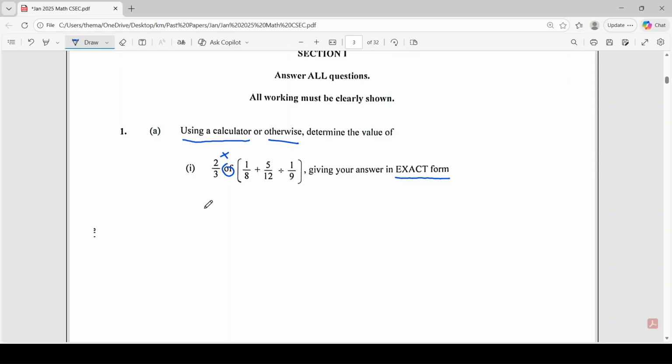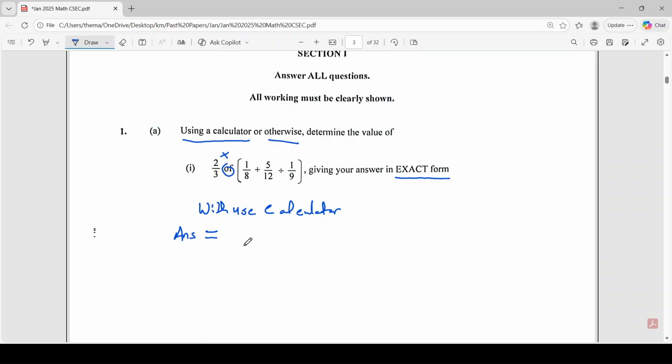Right? If you're showing no working, it's recommended to write with use of calculator, answer equal to, and you calculate it and you'll get the answer.